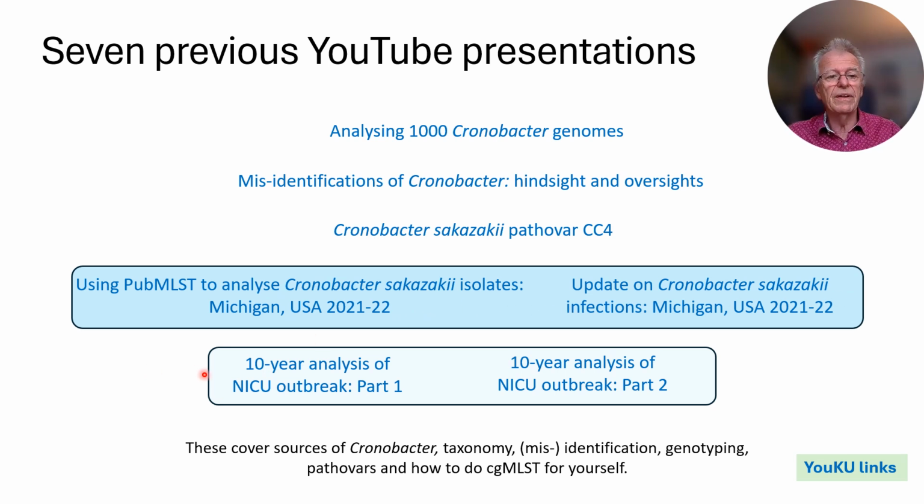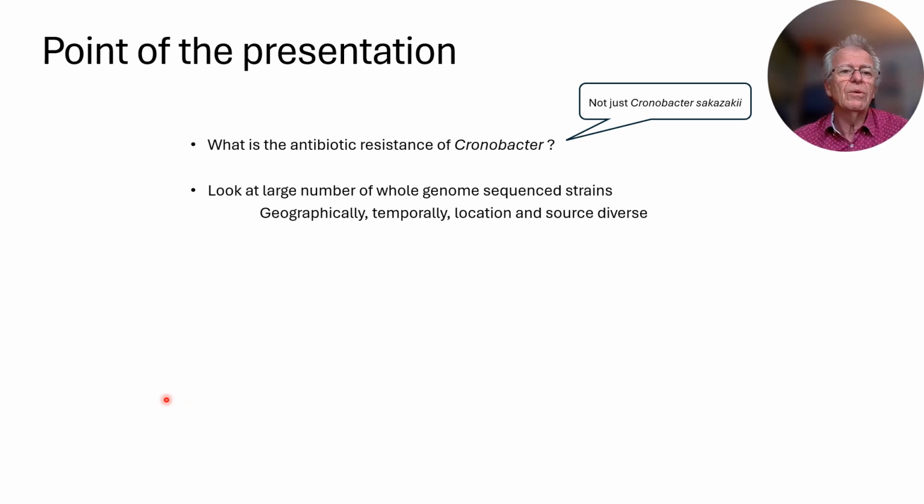And then finally 2 videos here where I looked at one outbreak over a 10-year period, with regard to the techniques, where we had started in the early days with pulsed field gel electrophoresis, and then looking at the same strains all the way up through 16S, multi-locus sequence typing, and even looking at CRISPR-Cas arrays. So a wide variety of techniques there, and all these titles should have active links for you to try out. So why am I doing this?